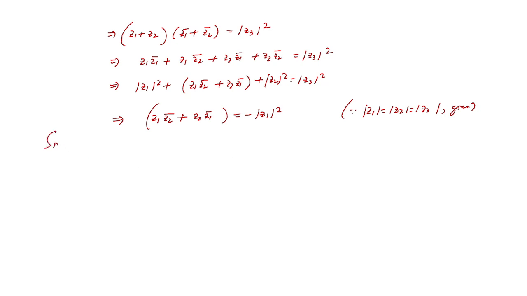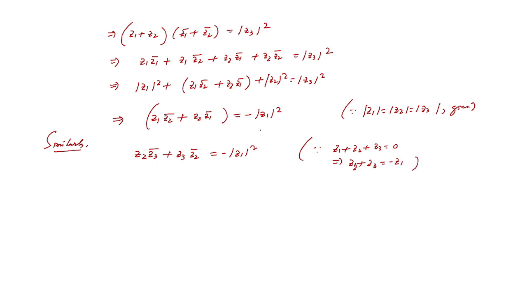Similarly, in a similar way, you can show that Z2 Z3 bar plus Z3 Z2 bar is also minus mod Z1 square. Since Z1 plus Z2 plus Z3 equals 0, you can write Z2 plus Z3 equals minus Z1.